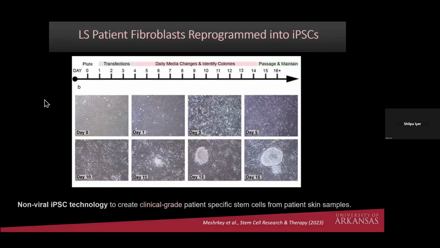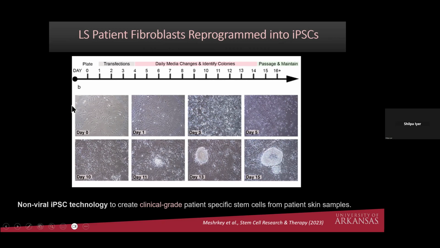We wanted to start with a non-viral reprogramming strategy so that we could create clinical grade, patient-specific stem cells. From there, we could differentiate them into the different organs and tissues impacted in that particular patient.